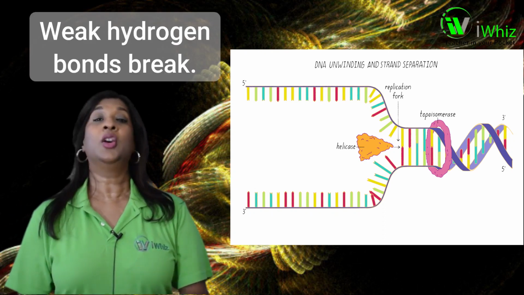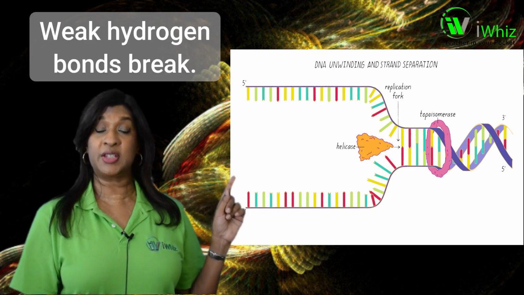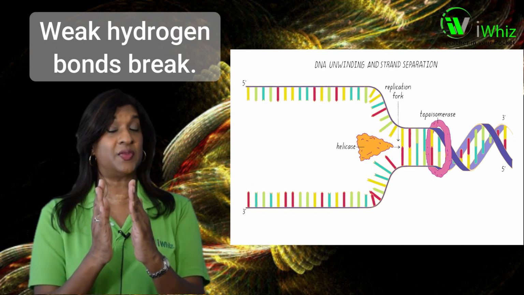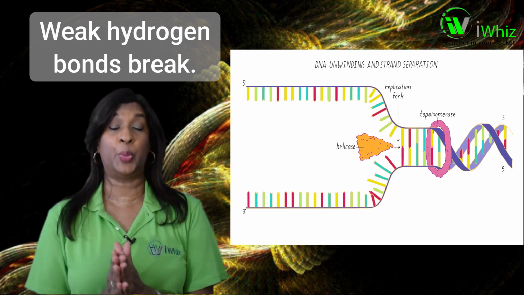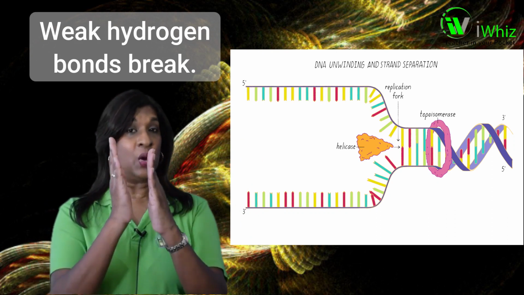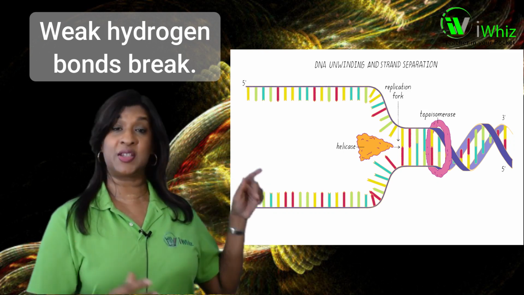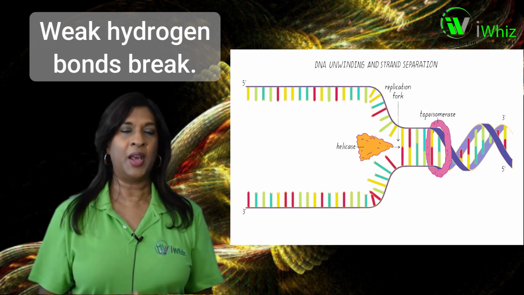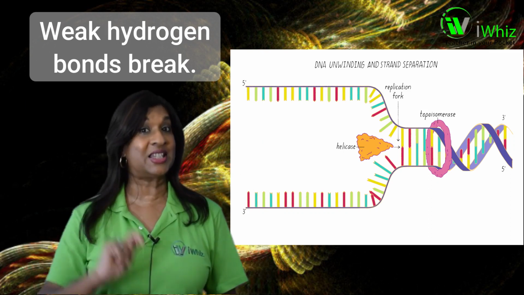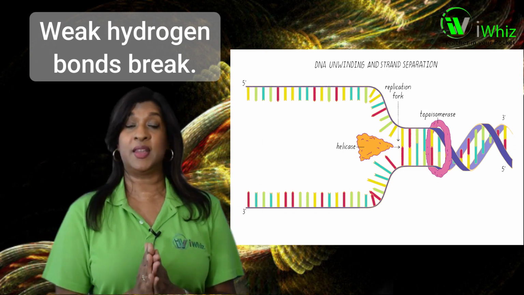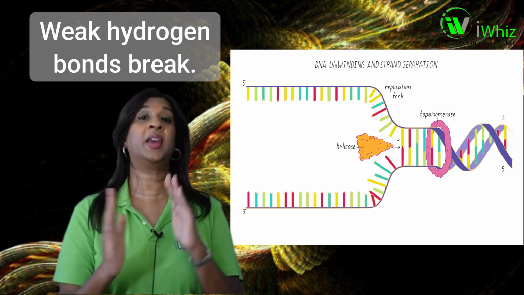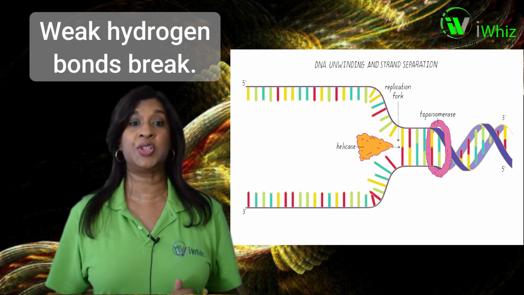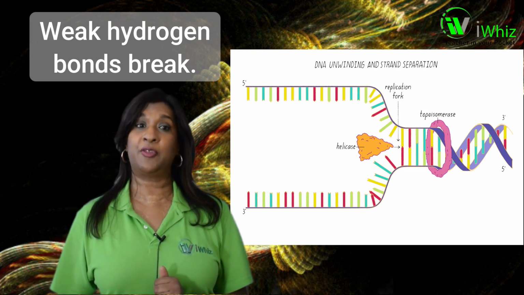And then your weak hydrogen bonds that hold the two strands of DNA together are going to break. And when they break, your two strands of DNA separate. And that's what we can see on this diagram. Sometimes we use the word unzip when we talk about the hydrogen bonds breaking, and then your two strands actually separating from each other.